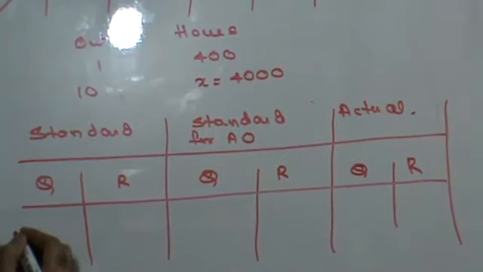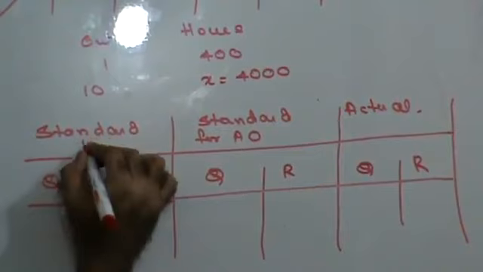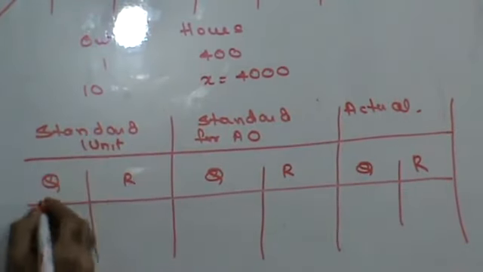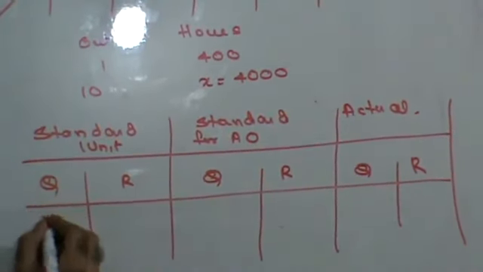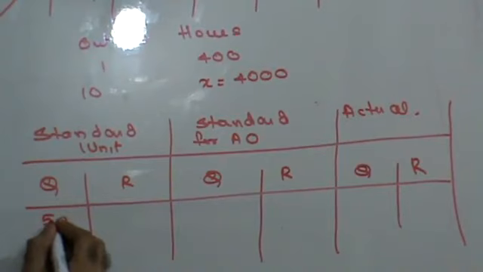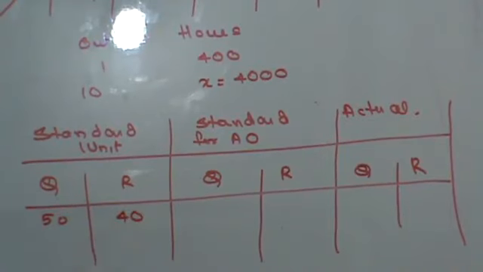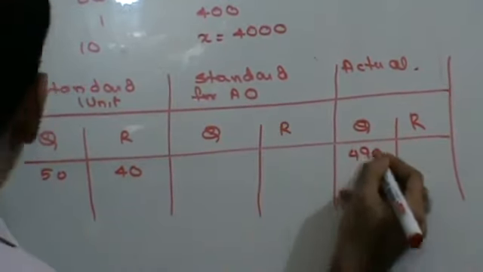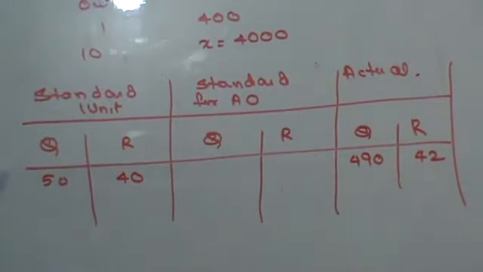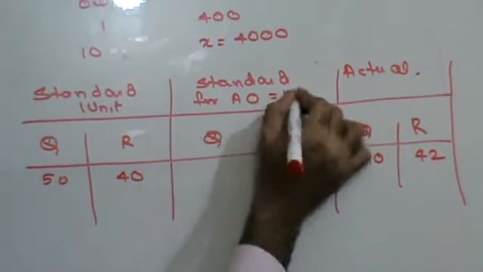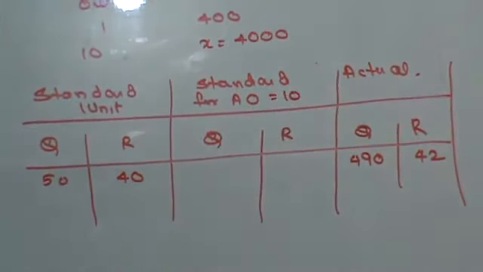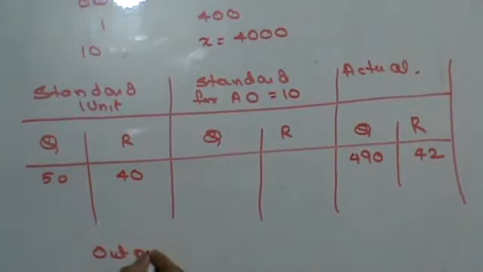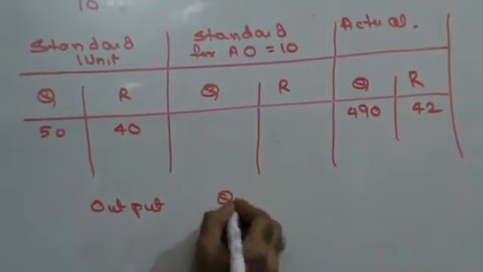Okay. Now they're giving you material for 1 unit. For 1 unit, material required is 50 kgs at the rate of 40 per kg. Standard is given to you. Actual, they've said that 490 kgs is required at the rate of 42 rupees a kg, and the actual output is 10. Same thing you have to do. First thing, calculate output and quantity.